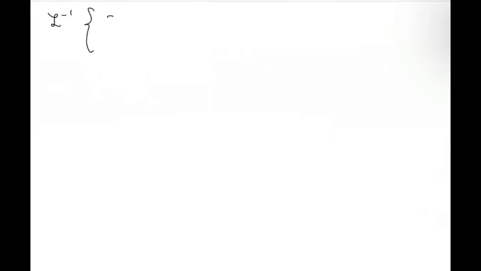So we have (s squared plus 6s plus 9) divided by (s minus 1)(s minus 2)(s plus 4).